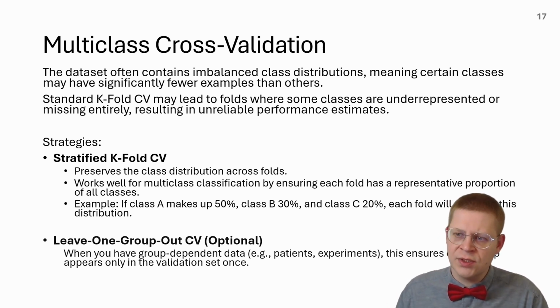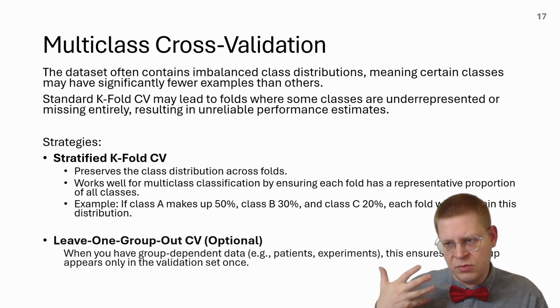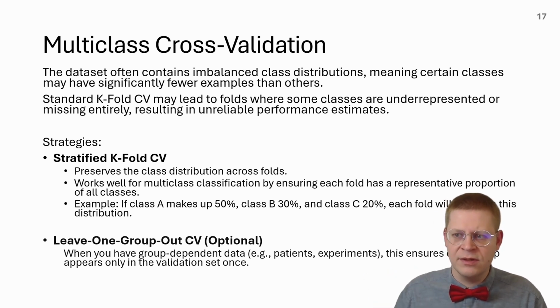A common issue is that a standard K-fold might accidentally create folds missing one of the classes entirely. By using stratified K-fold, we keep class proportions consistent in every fold, giving us a more reliable performance estimate.